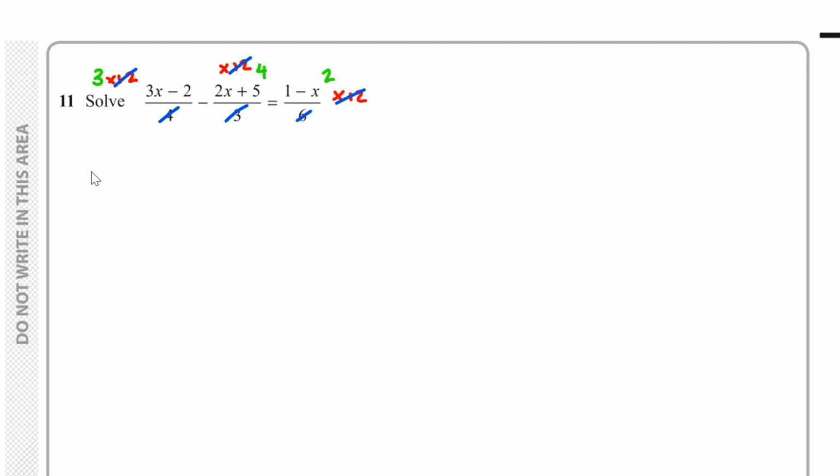So we have 3 lots of 3x minus 2, minus 4 lots of 2x plus 5, equals 2 lots of 1 minus x.